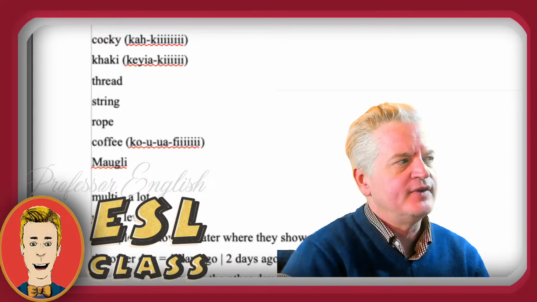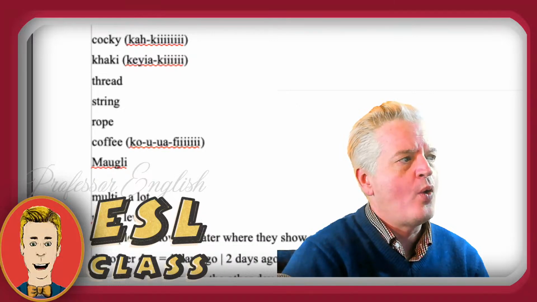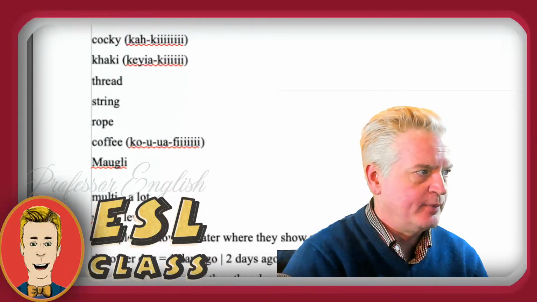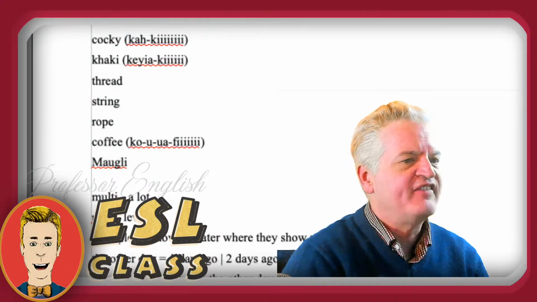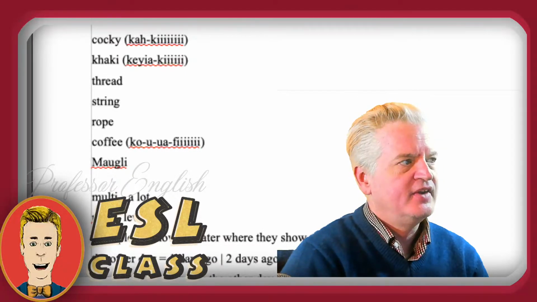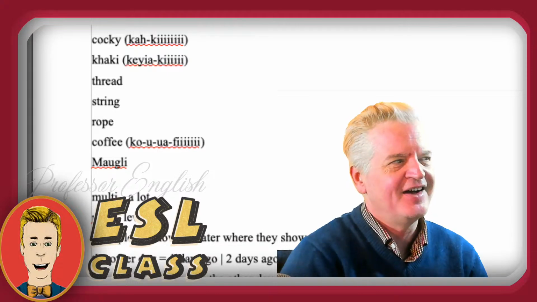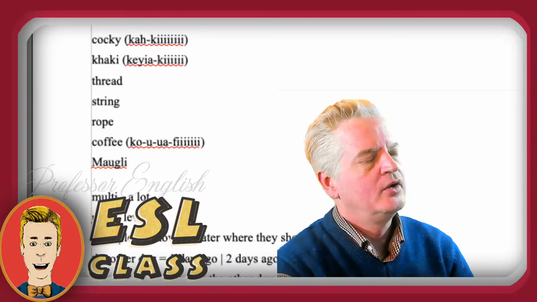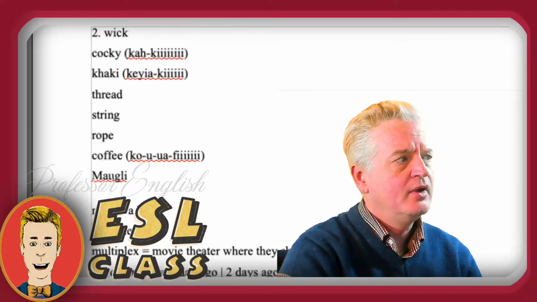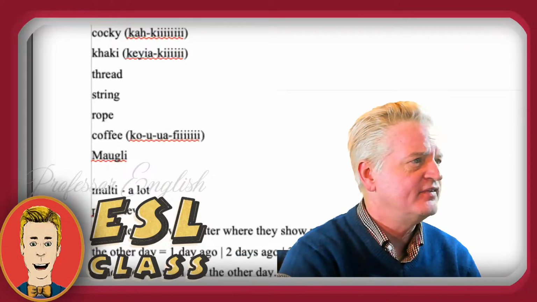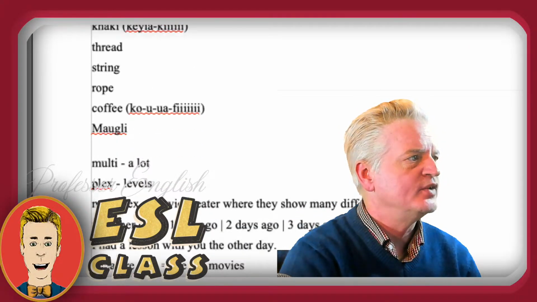The way that you would say this very slowly is... coffee. That's a hard sound to make. There's a lot of little sounds in there. Coffee. Okay, so we have khaki and coffee. Very complicated, very complex vowel sounds.